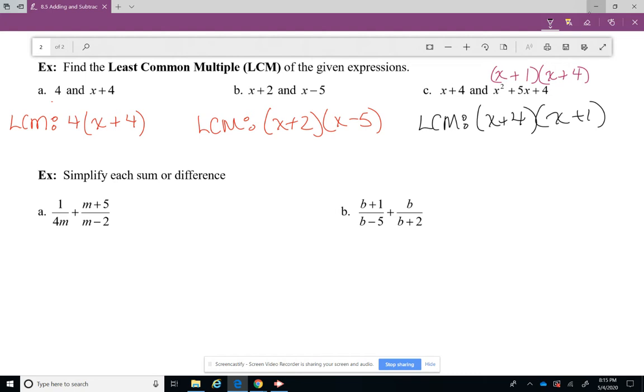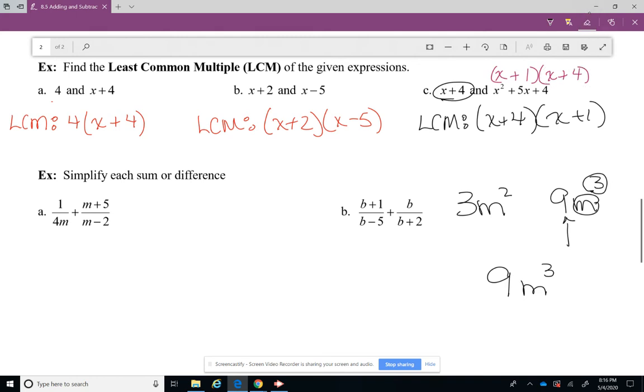Remember how when we had maybe 3m squared and maybe 9m cubed, we looked at the highest number and we're like, okay, 9 times 1. Does 3 go into 9? Yeah, so 9 is the least common multiple. We picked the variable that had the highest exponent. So this one was used here and here, but we only use it once.